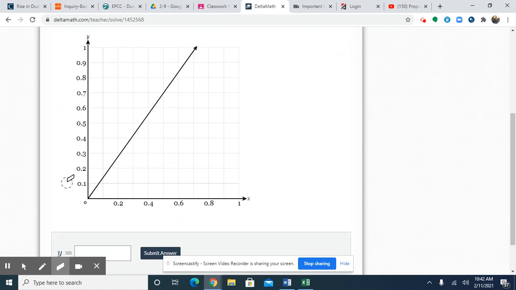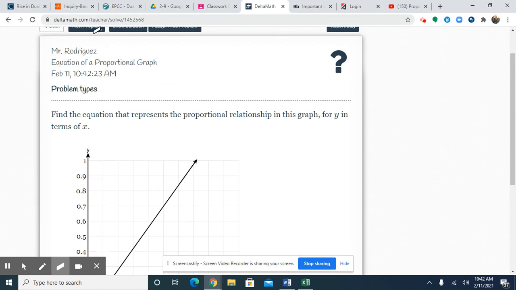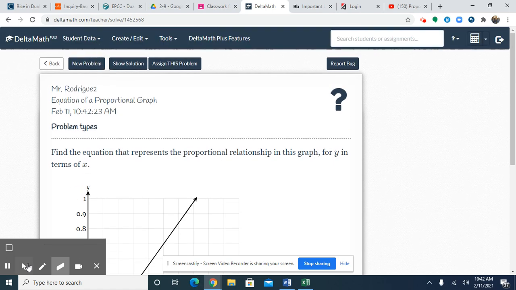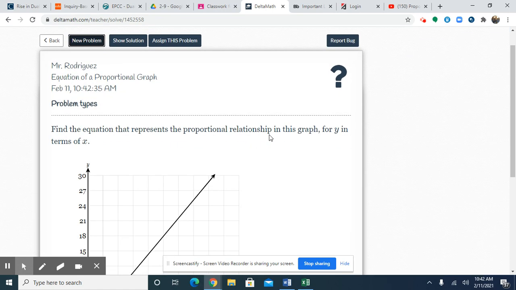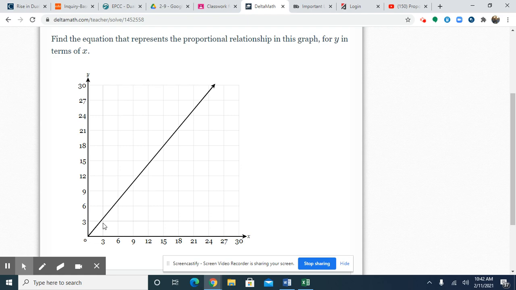Now the fact that we have a proportional relationship makes the calculation of the slope easy, because all you have to do is find a point, for example, right there, and say what is 18 over 15.